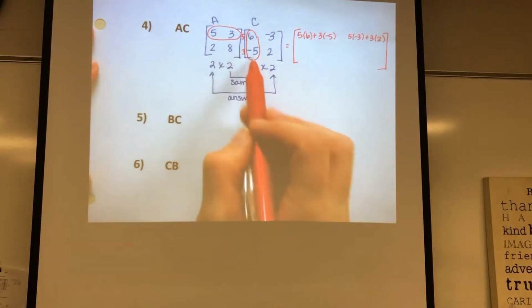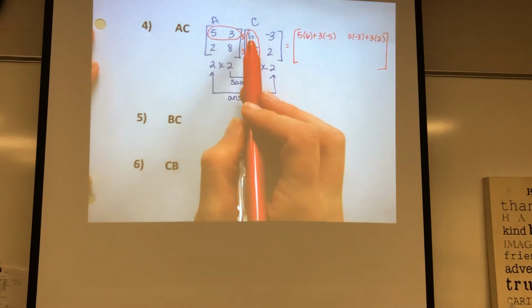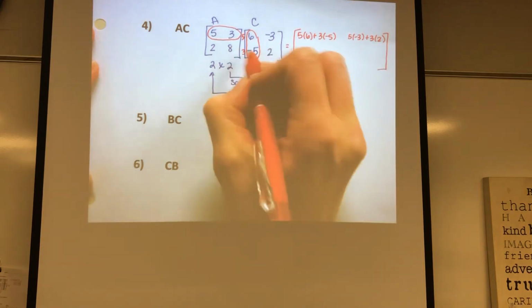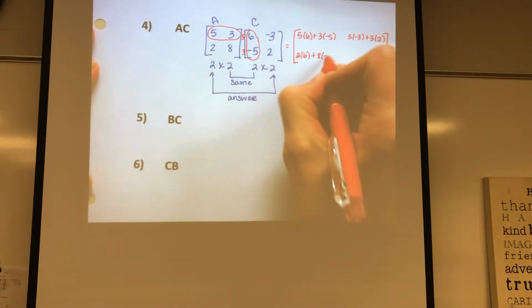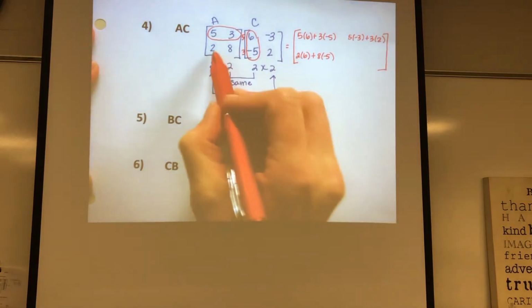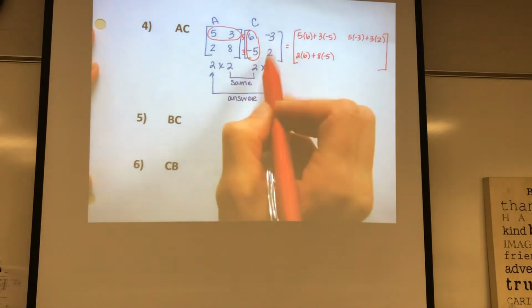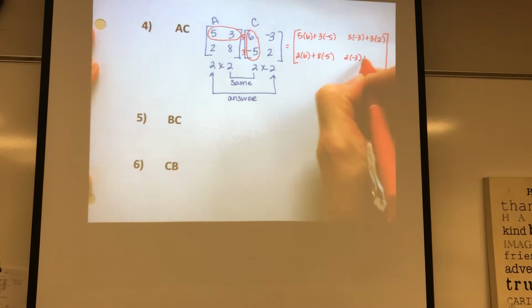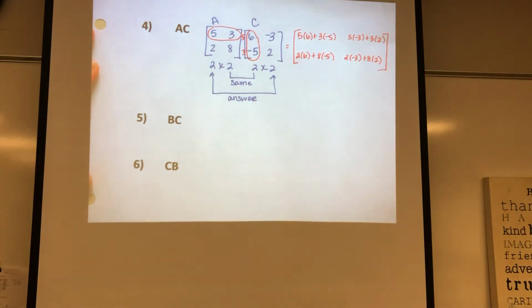Second row times first column. So 2 times 6 plus 8 times -5. Then second row times second column, 2 times -3 plus 8 times 2.